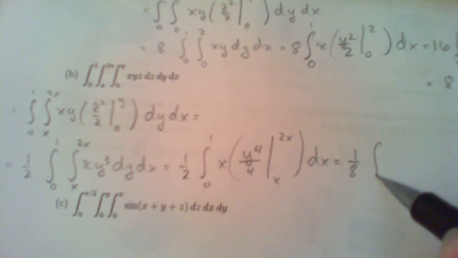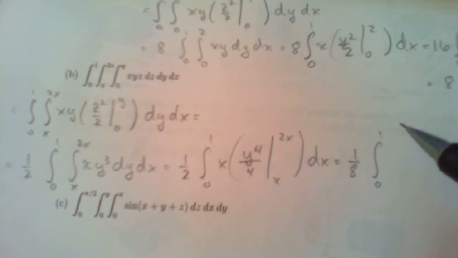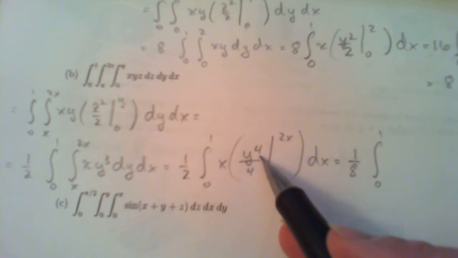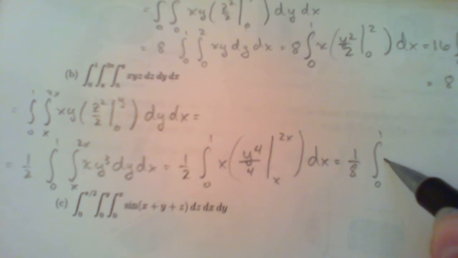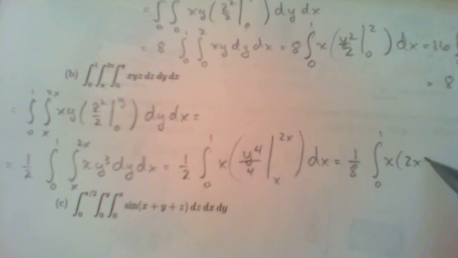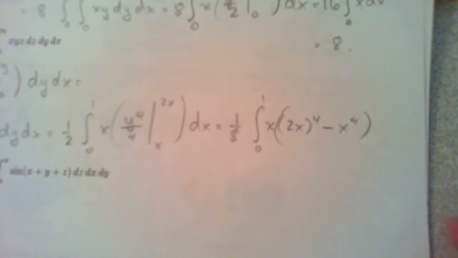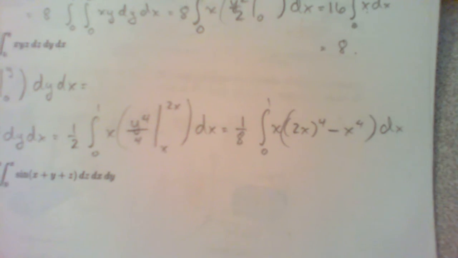Now the integral is 0 to 1. You're about to have 2x to the 4th. So I have x sitting here, 2x to the 4th minus x to the 4th, dx.